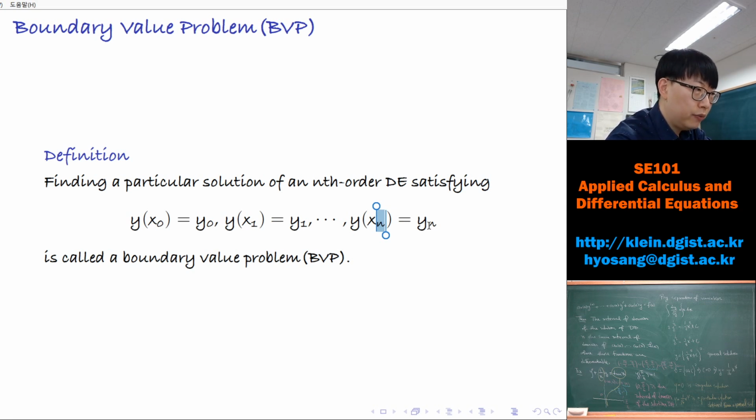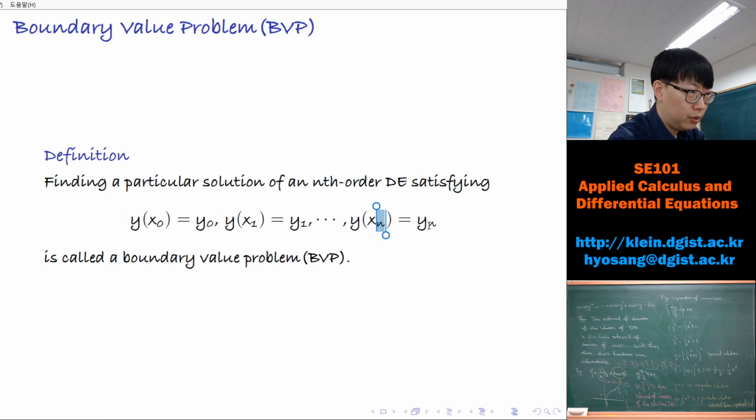And there's no equation in terms of differential of y. So it only has constraints on it. These are the constraints on the value of the solution. And the only difference is that we're not measuring the value of y at the same point. The points of value of y are all different.